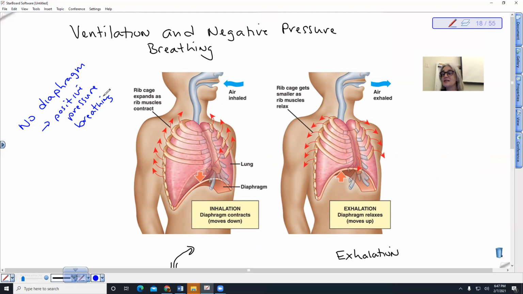And so their mechanism doesn't require a diaphragm, but ours requires a diaphragm for us to be more efficient at getting oxygen so we can produce more energy, so we can regulate our metabolism so that we are more efficient at producing heat and energy.